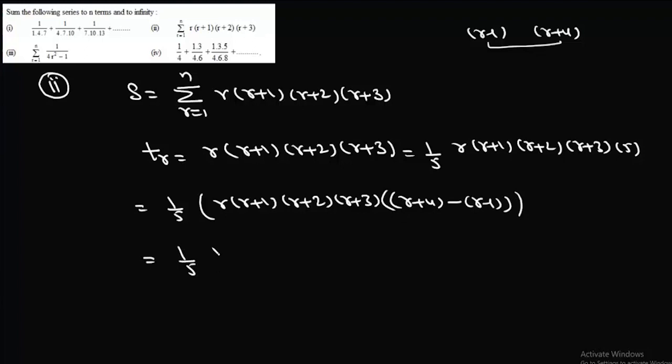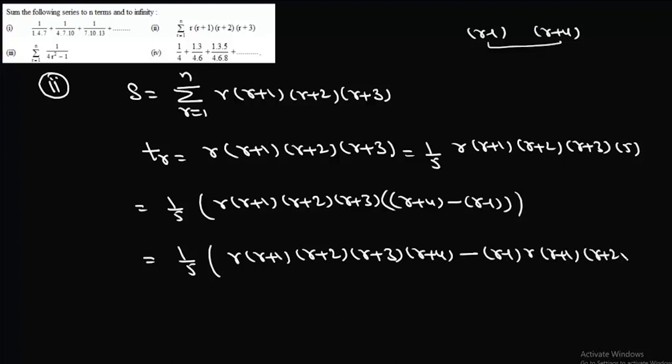We can write 1 by 5, and this is r plus 1, r plus 2, r plus 3, r plus 4, minus r minus 1, r plus 1, r plus 2, r plus 3. So that's our rth term.